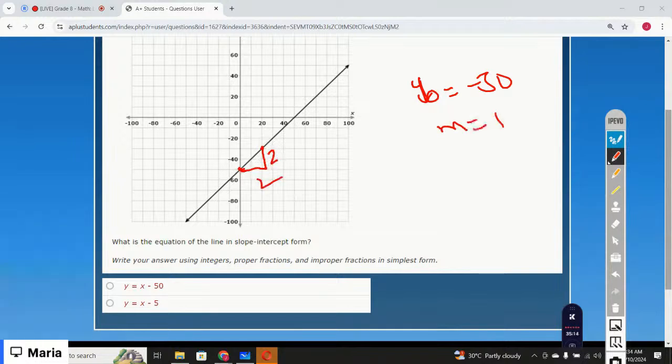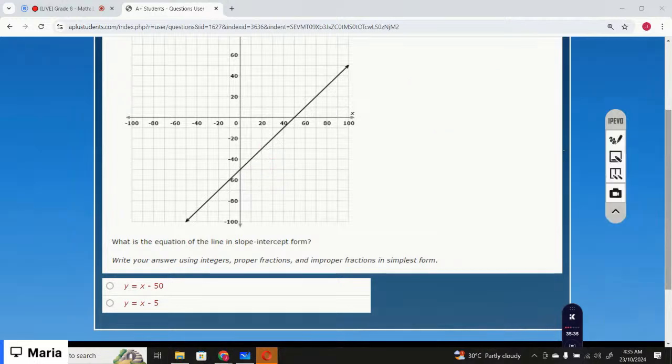So which is the correct option, now that you have b and slope? The correct option is option number 1. That is y equals x minus 50 is the correct option.